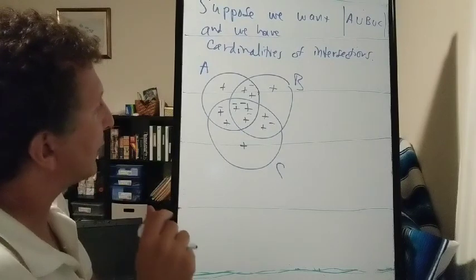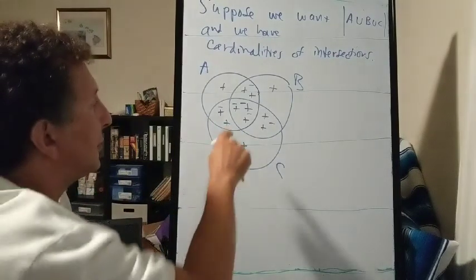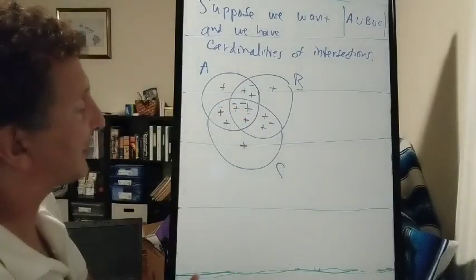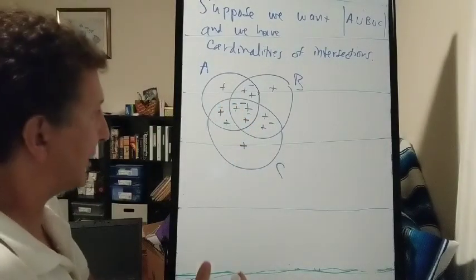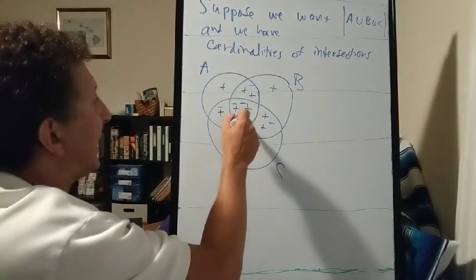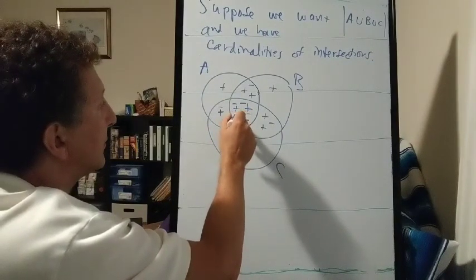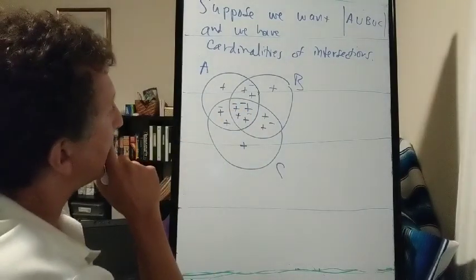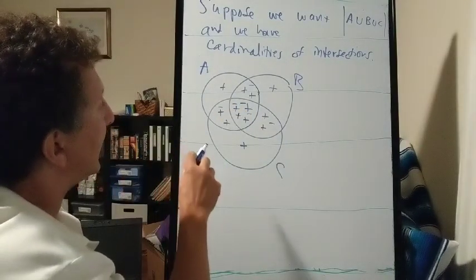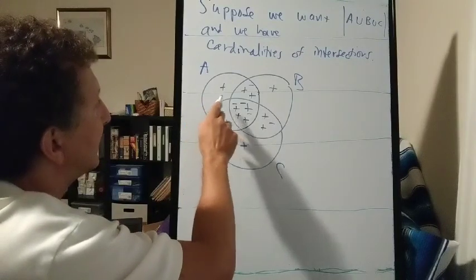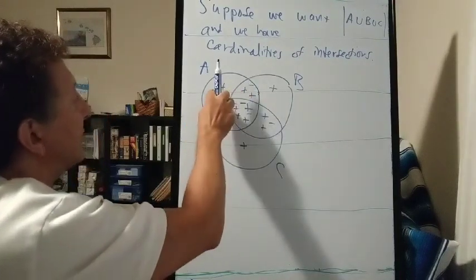But that's not quite right either, because we considered the elements that are in A, B, and C simultaneously too many times. So we could add back those elements, and let's see what we get. So we've counted everything in A. In this section, we've counted everything once.